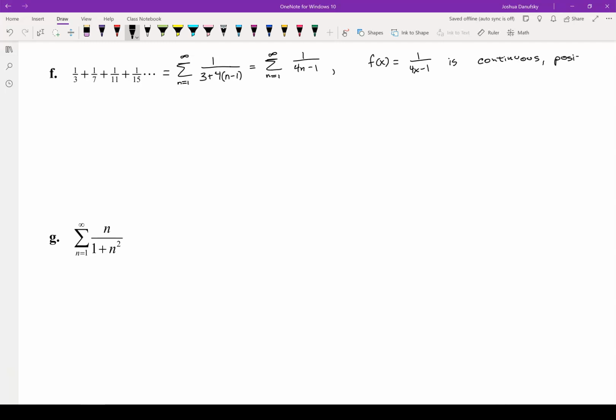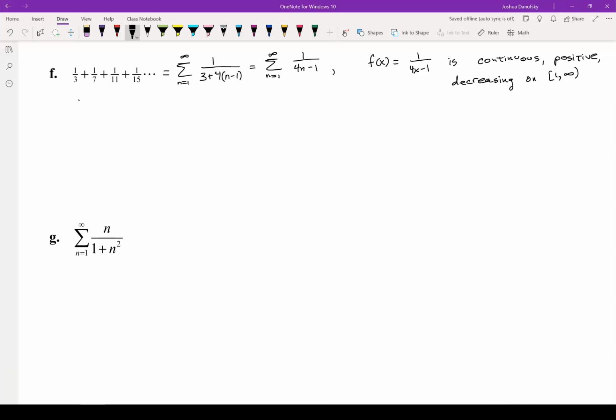It's positive, and it's decreasing on 1 to infinity. We know it's decreasing because as we pick larger and larger values of x, the denominator continues to get bigger and bigger while the numerator stays constant. So the integral test applies.